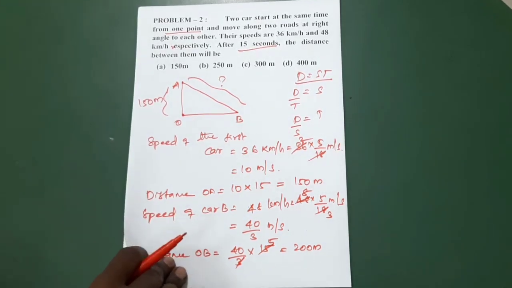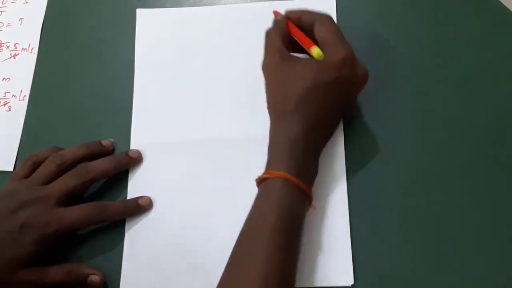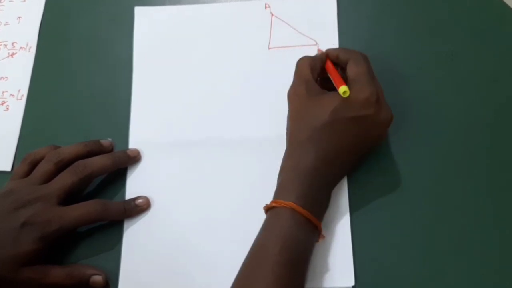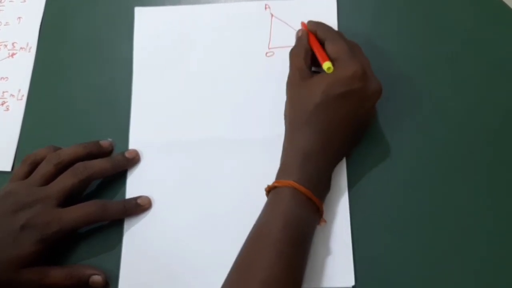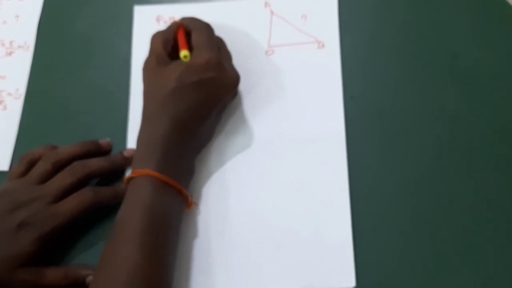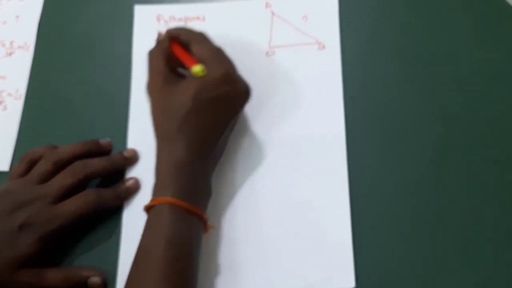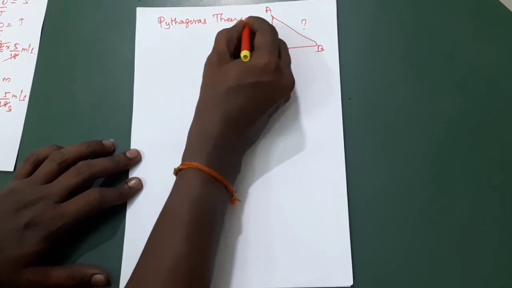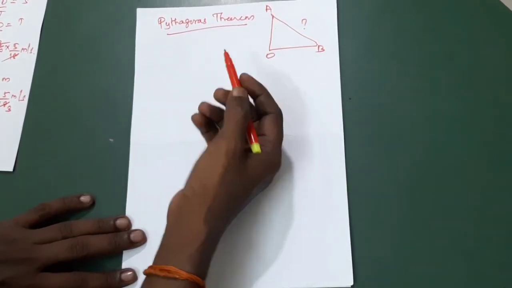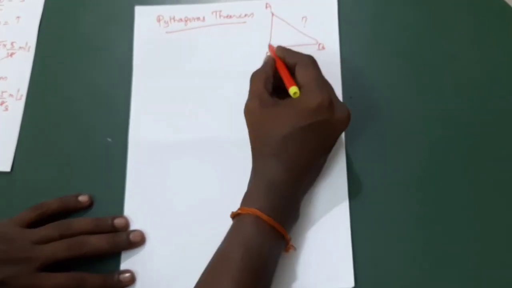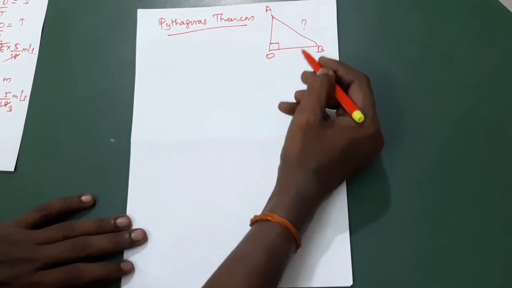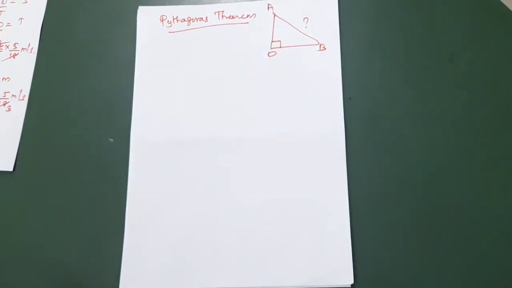Next, the distance AB can be found out by using Pythagoras theorem. So by Pythagoras theorem, in a right angle triangle, so we know that it is given in the question that the two cars are moving at right angle to each other.